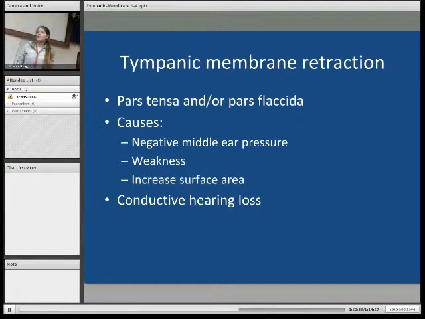It can be caused by a weakness in the tympanic membrane, especially after it heals following perforation. It can also occur when there is an increased surface area of the tympanic membrane, usually due to an overproliferation of new cells. And this can also cause conductive hearing loss.